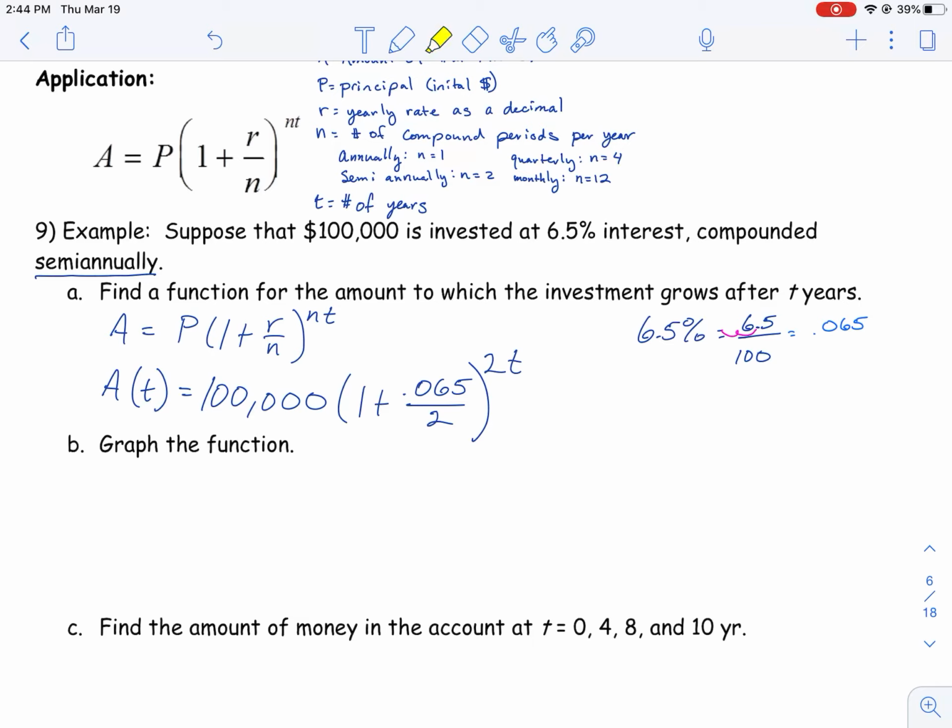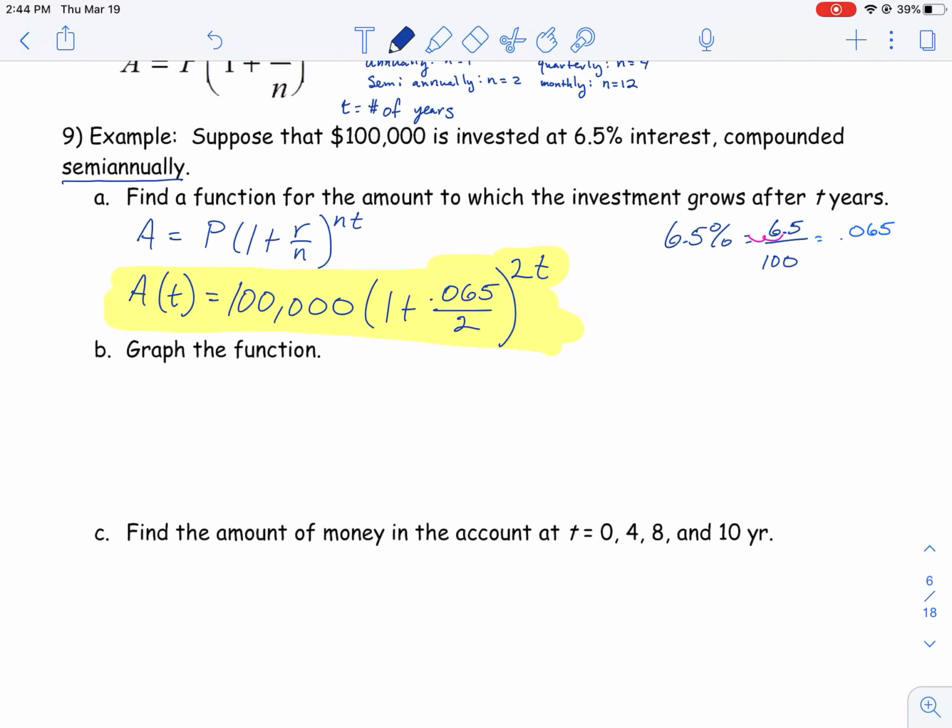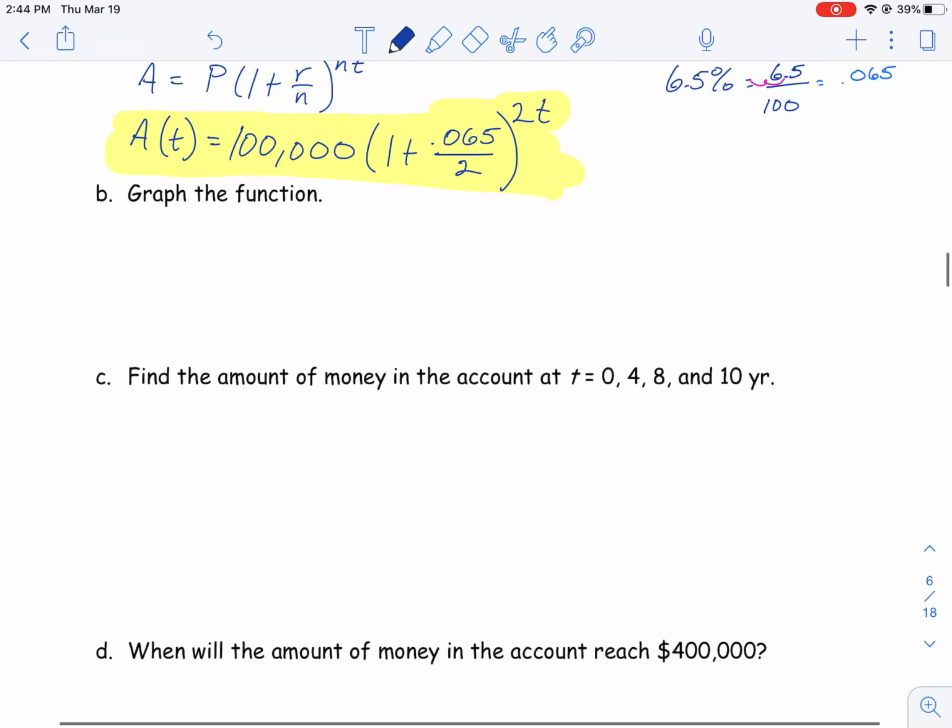So for this equation, for any time that you pick, you can plug in T, and it'll tell you how much it's worth. This is really handy. If I want to know how much money I will have after 2 years or 10 years, I can plug that number in for T. In fact, let's skip to C and find that.